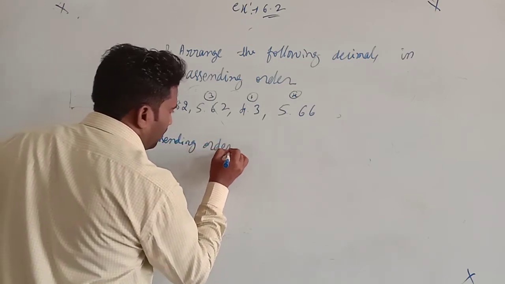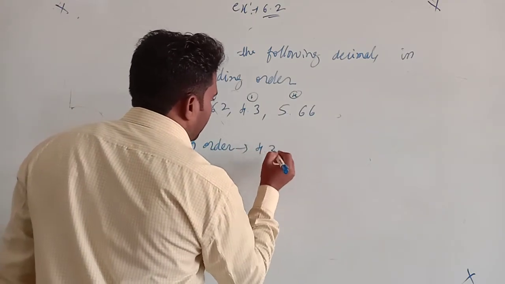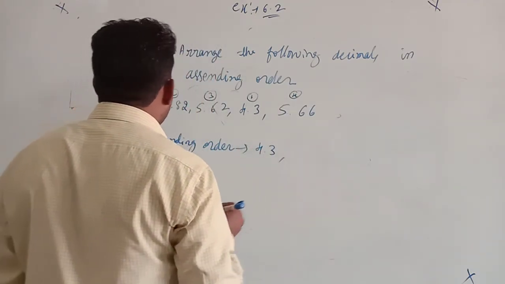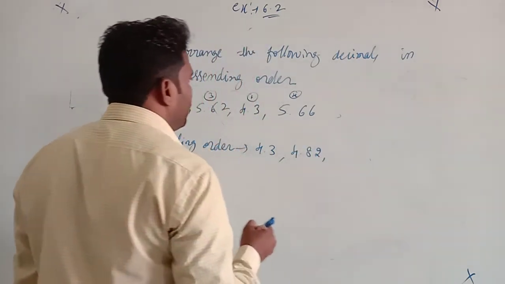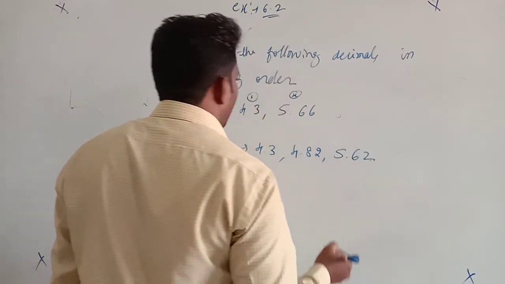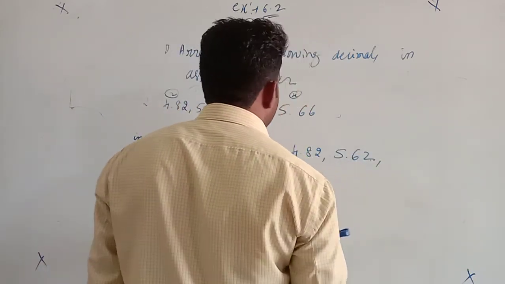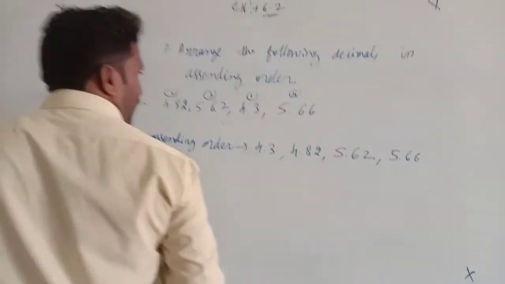Okay, we should write in ascending order. So first 4.3 is smaller than 4.82. 4.82 is smaller than 5.62, and the last, greatest, is 5.66.